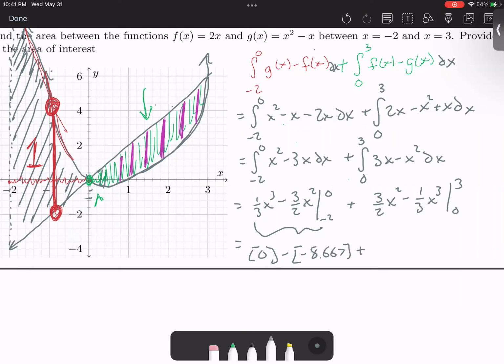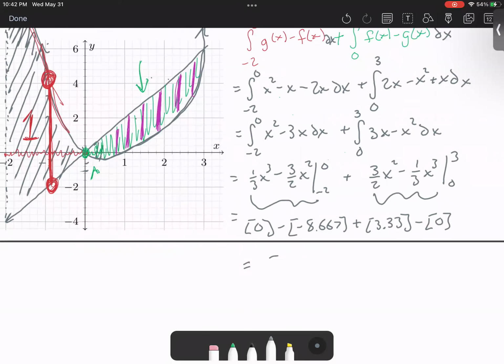All right, the next difference. So if I plug in 3 into that antiderivative, I get as a decimal 3.33. And when I subtract that antiderivative at 0, I just get a 0.